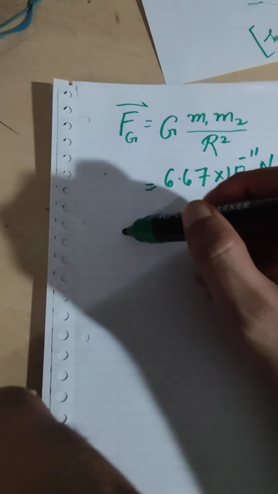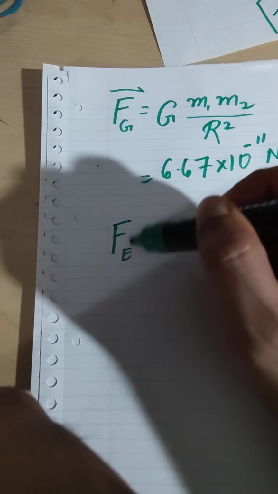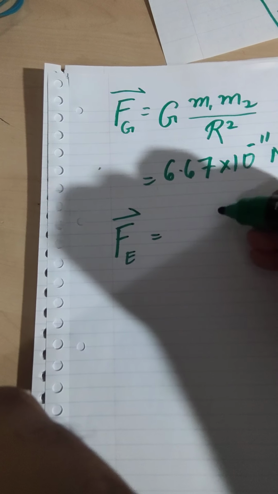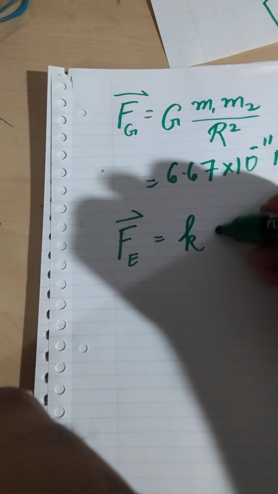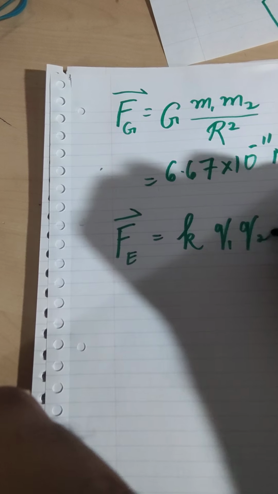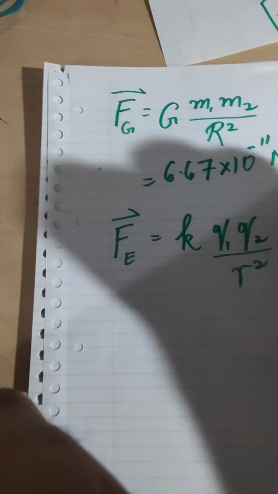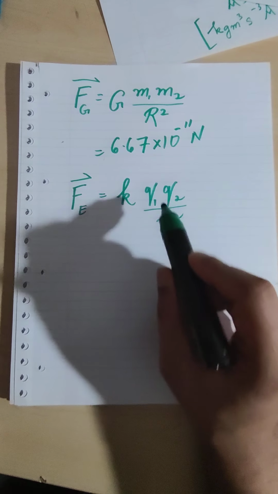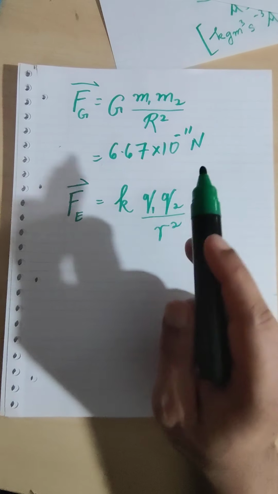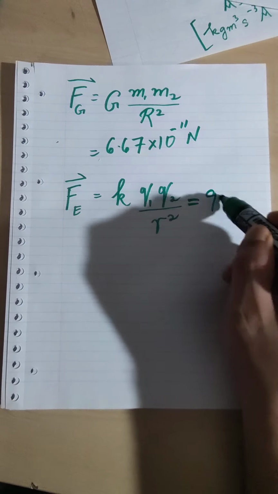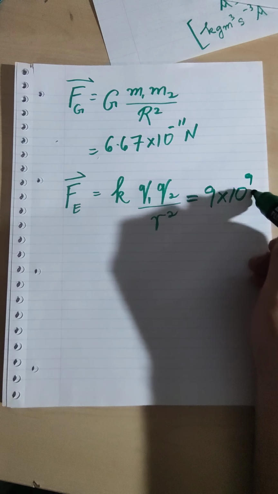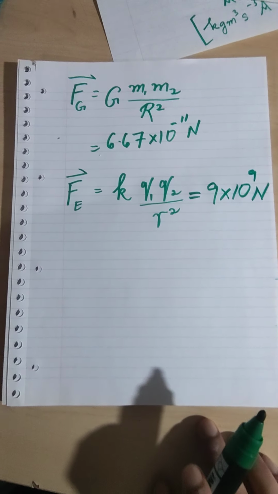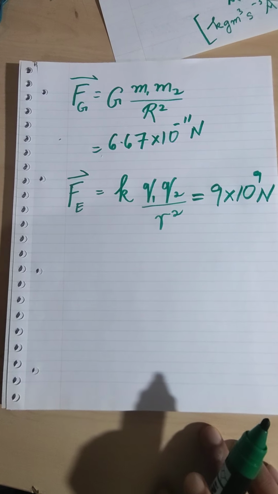And for electrostatic we would get 9 times 10 to the power 9 newtons.